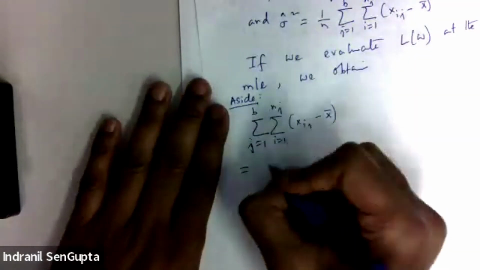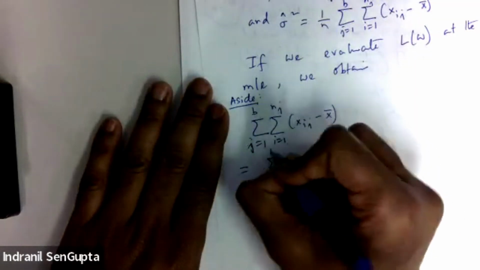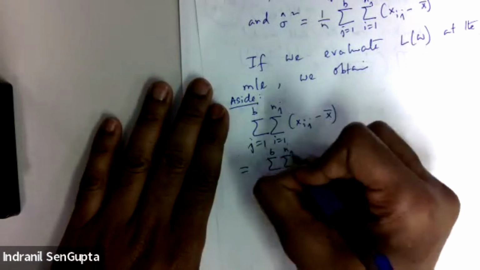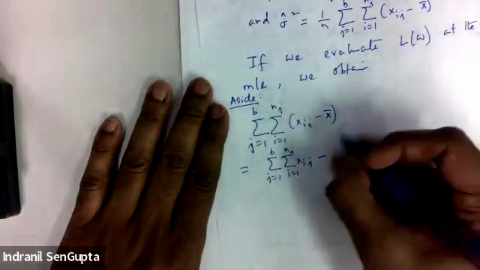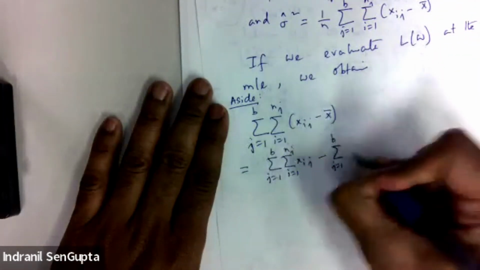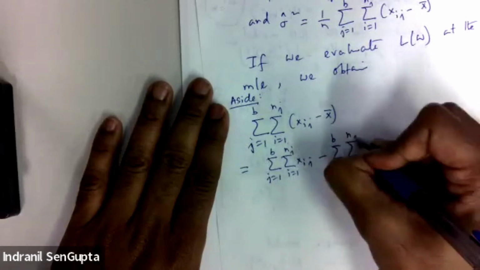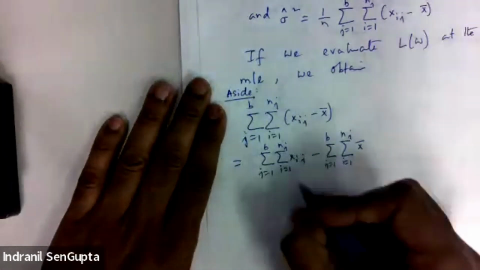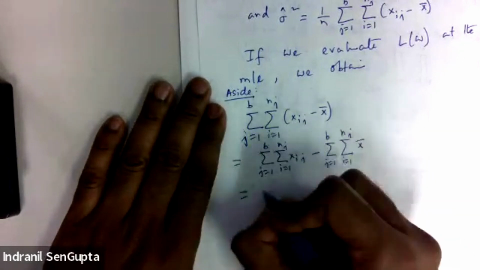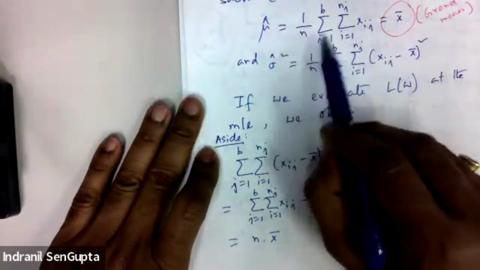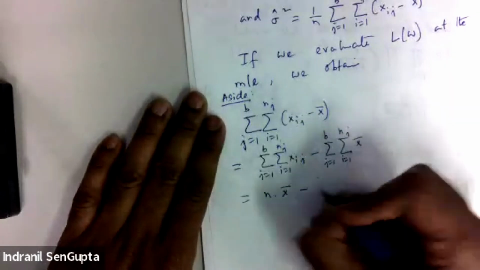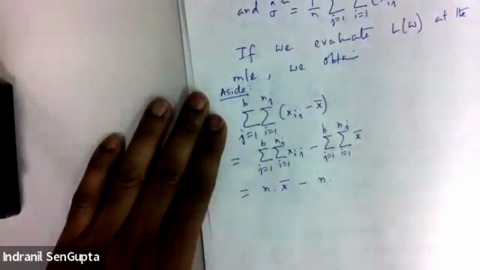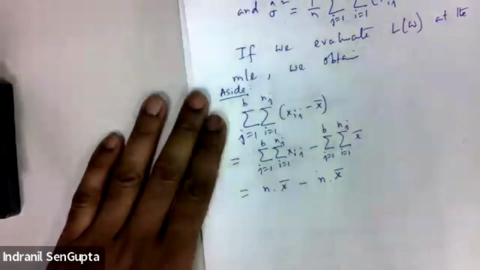This is the sum of x_ij minus the sum of x bar. By definition, the first sum is n times x bar, according to our definition of x bar. So n times x bar is this sum, minus, and there are a total of n elements, so this is n times x bar, right?